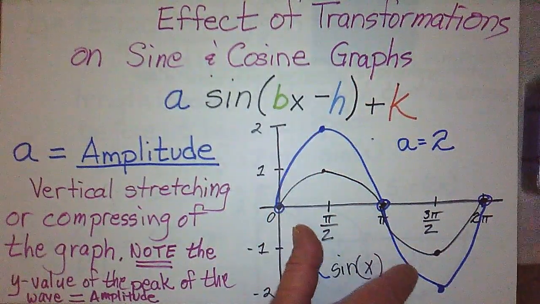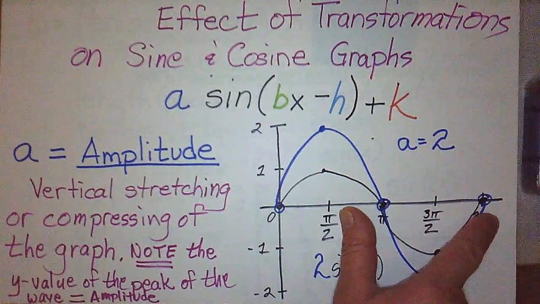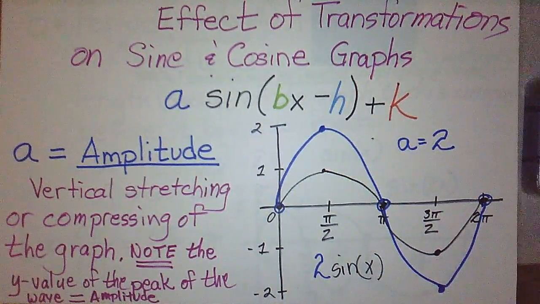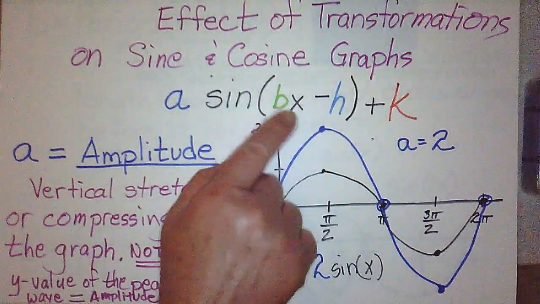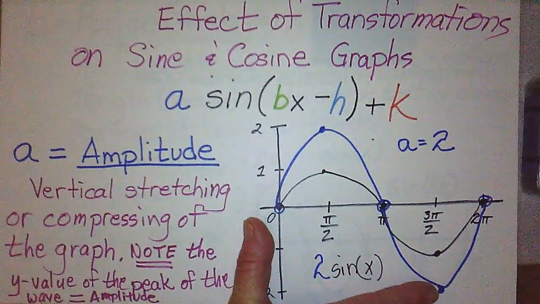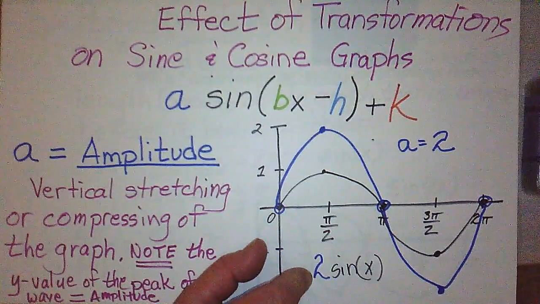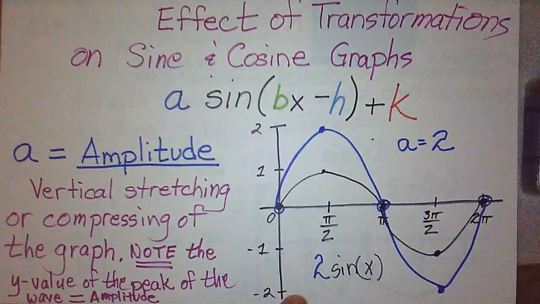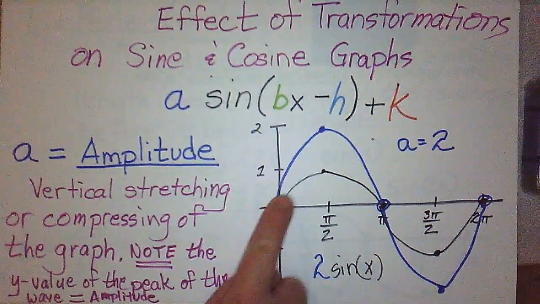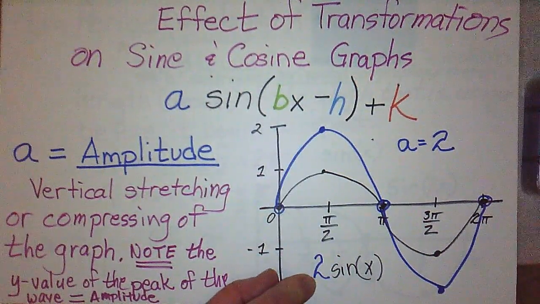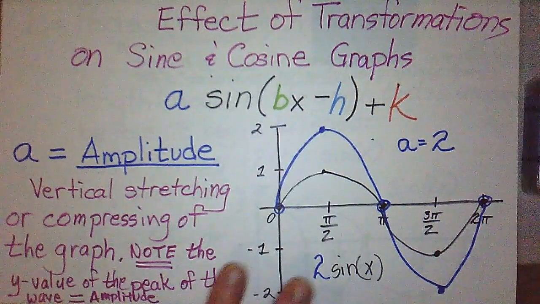Note that the zeros are in exactly the same place as the original points. The only difference is that the peak and the valley of the wave equal whatever the amplitude is. So this is -2. See, -2. This is +2. Note +2. Okay, moving on.